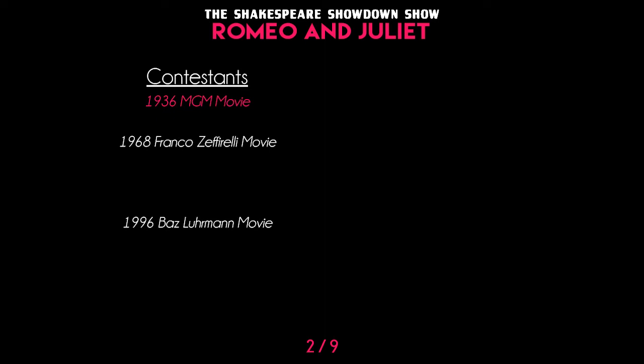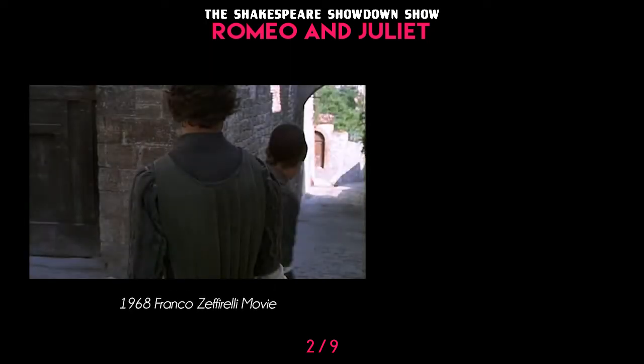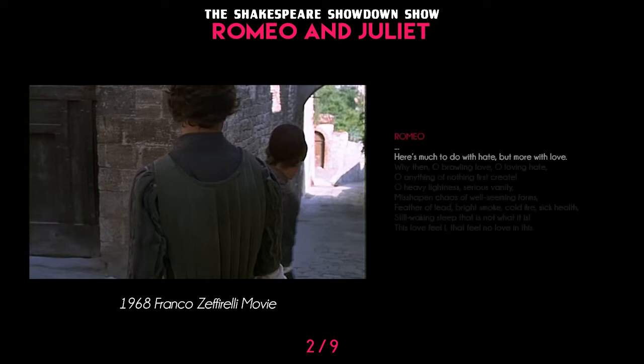Moving on to our next contestant, which is the 1968 Franco Zeffirelli movie. This is going to be a much easier decision. This is absolutely going to be an elimination nominee because this version contains exactly one line from all three parts of our analysis. It contains the line, "Here's much to do with hate, but more with love," from the first part.